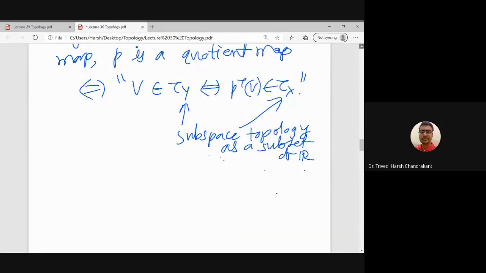So if we can prove that this property holds for every open subset of the codomain, then we are done. Otherwise, it may not be true.